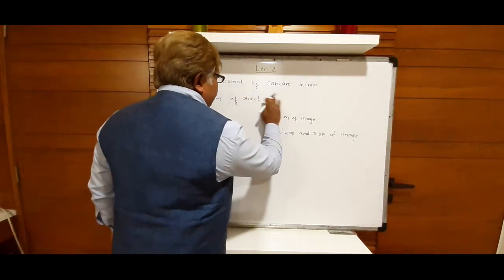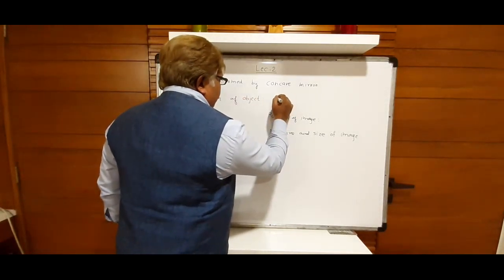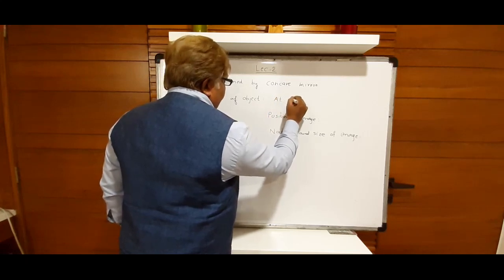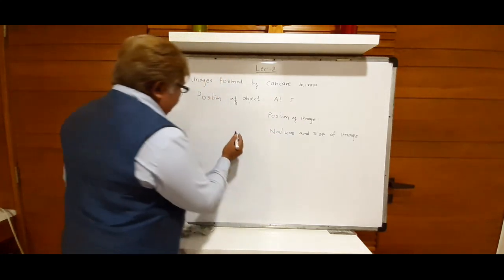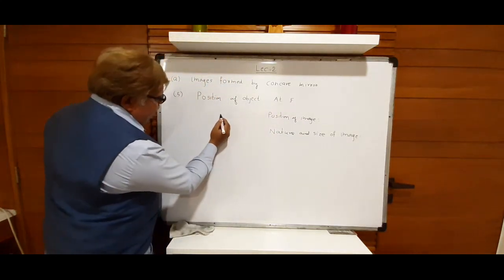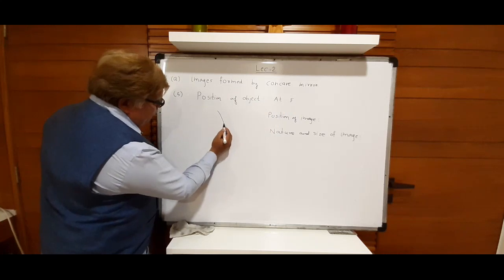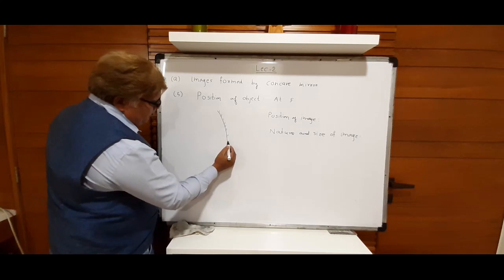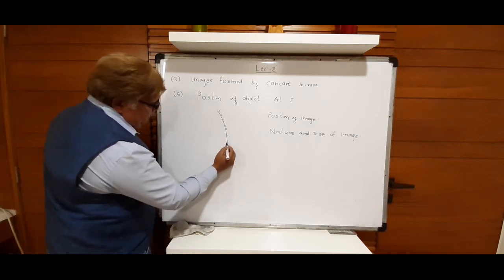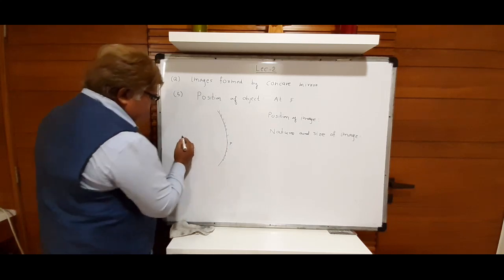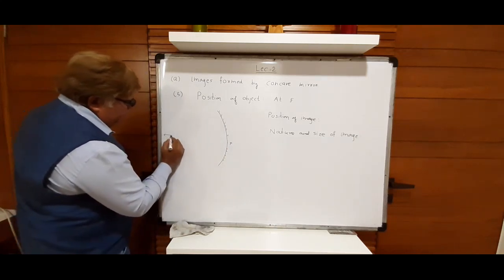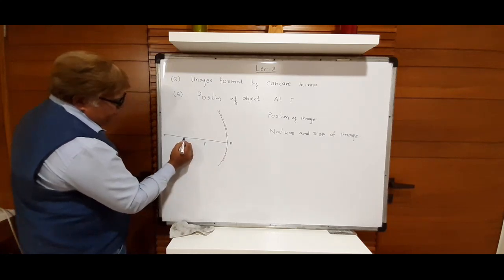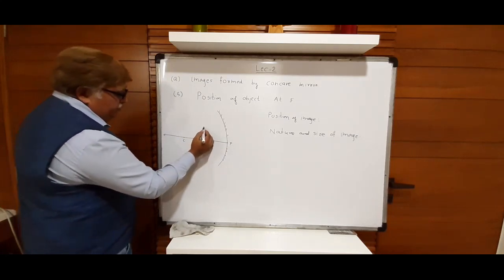Position of object, you can write in word, or you can simply write at F, that is at focus. Means F, principal focus. Let us draw first concave mirror. Okay, some dashed lines here to see the painted back. P, that's pole, and then this is principal axis. F and C, as you know, you need to maintain the distance.